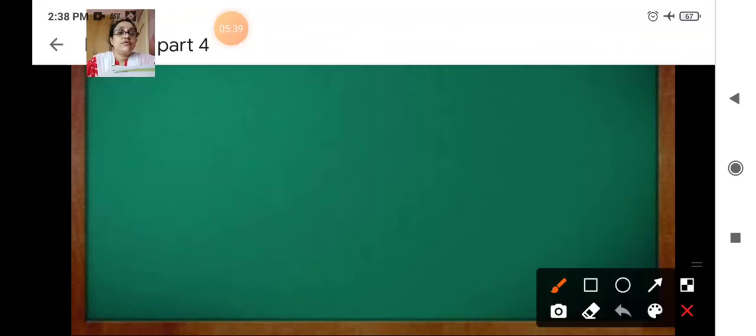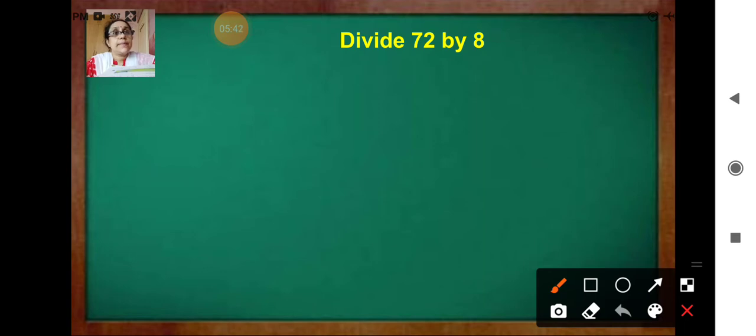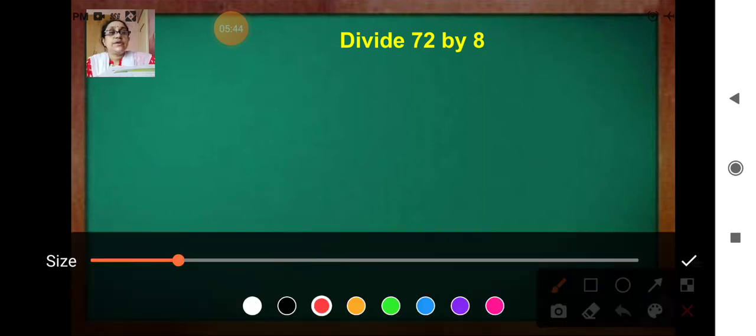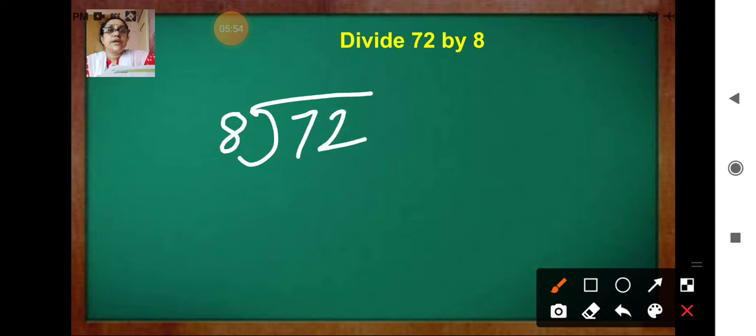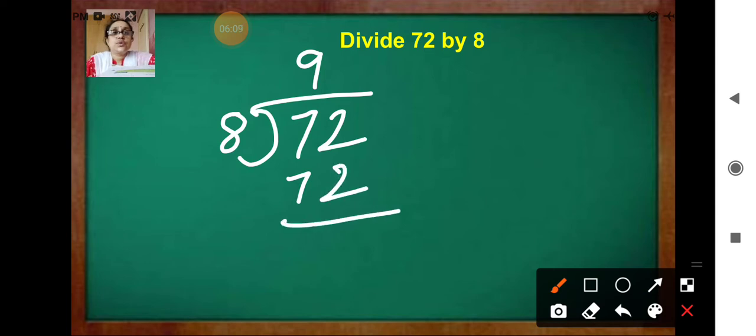Now again divide 72 by 8. How will we write? Make this box, write 72, then here 8. Now say the tables of 8. 8 ones are 8, 8 twos are 16, 8 threes are 24, then 8 nines are 72. Put the subtraction sign, 0.